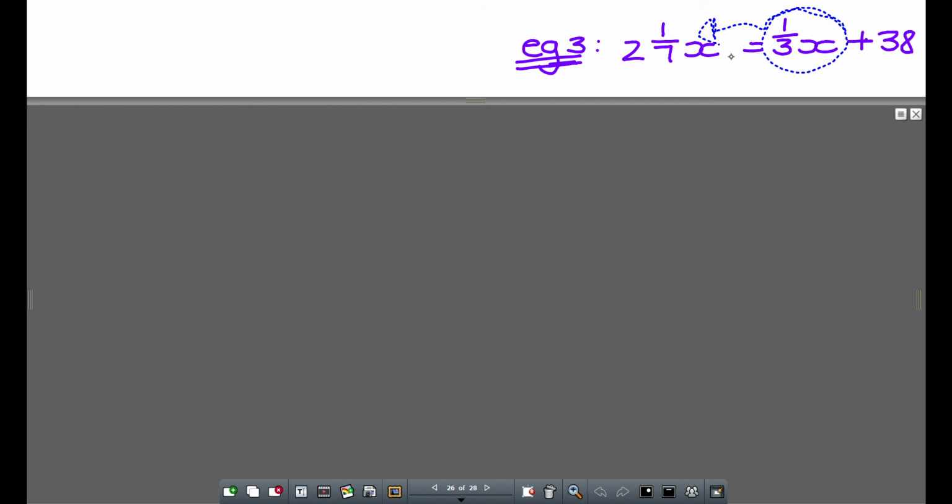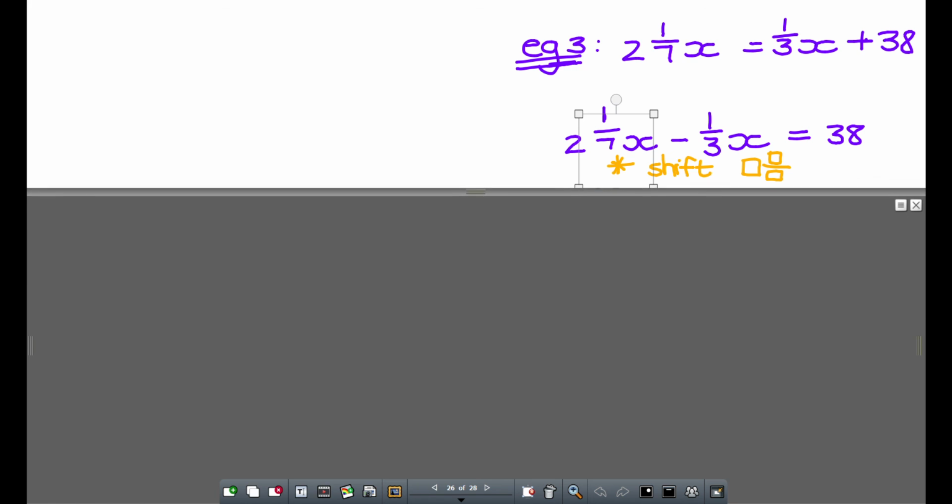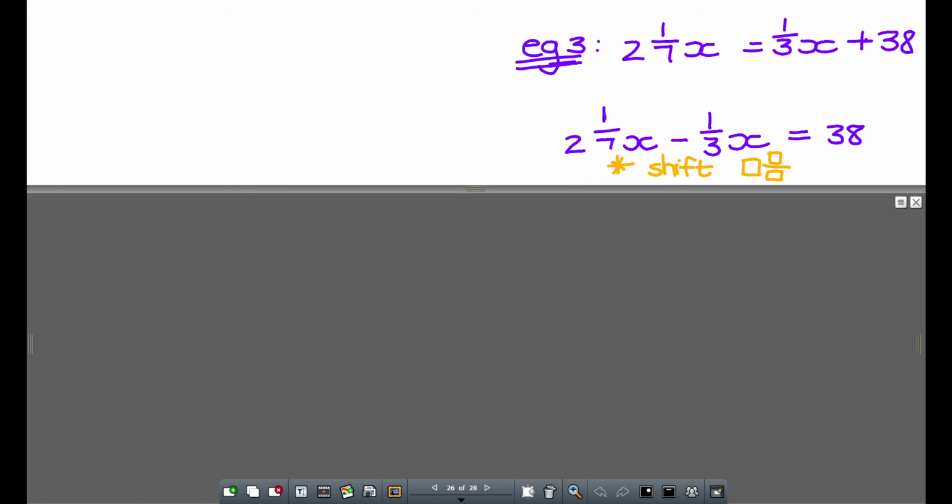And if we move it over, what will it then become? Minus, I'm not just moving the third, I'm moving the third and the x. Okay, so that will become a minus, no? So you're going to have 2 and 1 over 7x minus a third x is equal to 38.